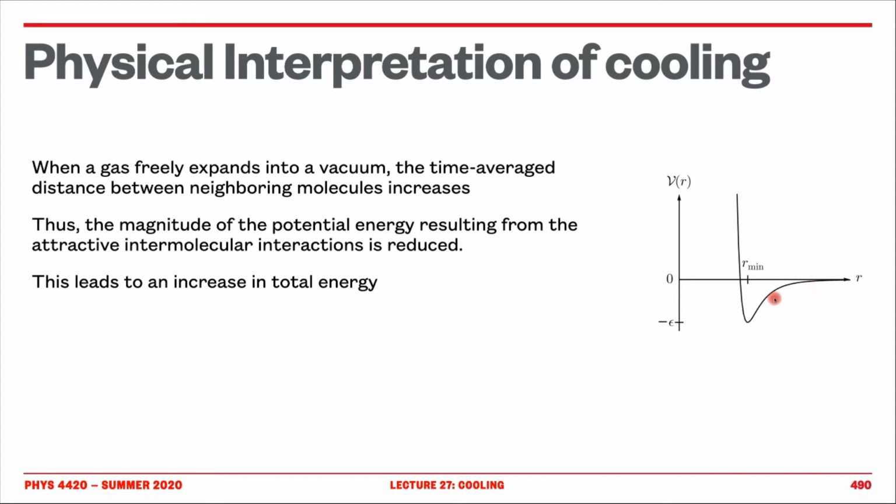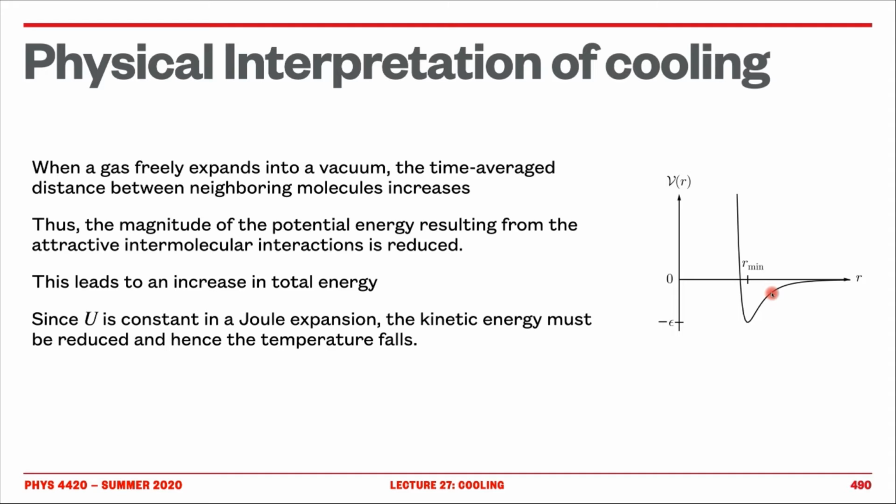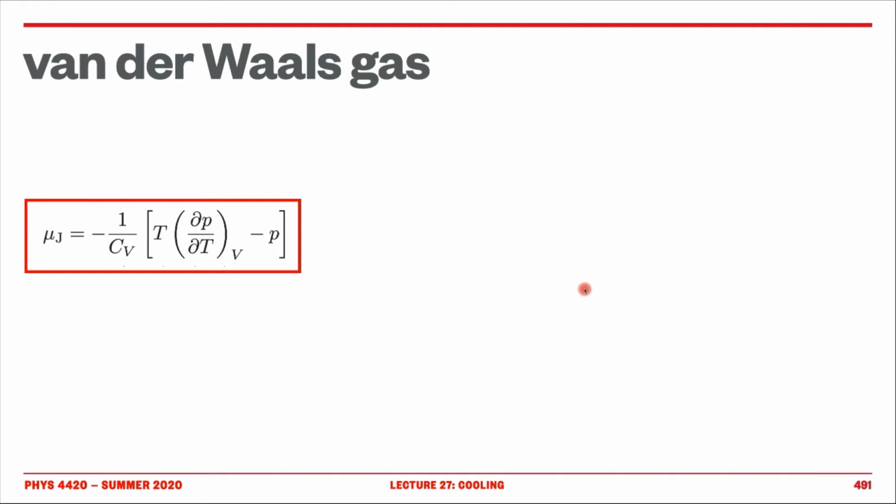So that means that the molecules basically have to go slower, and that means the temperature goes down. This is indeed the square of the velocity. Of course, the kinetic energy is mv squared over 2. So this is reduced, and therefore the temperature falls. So that's the interpretation that we have for why we have cooling in the Joule expansion.